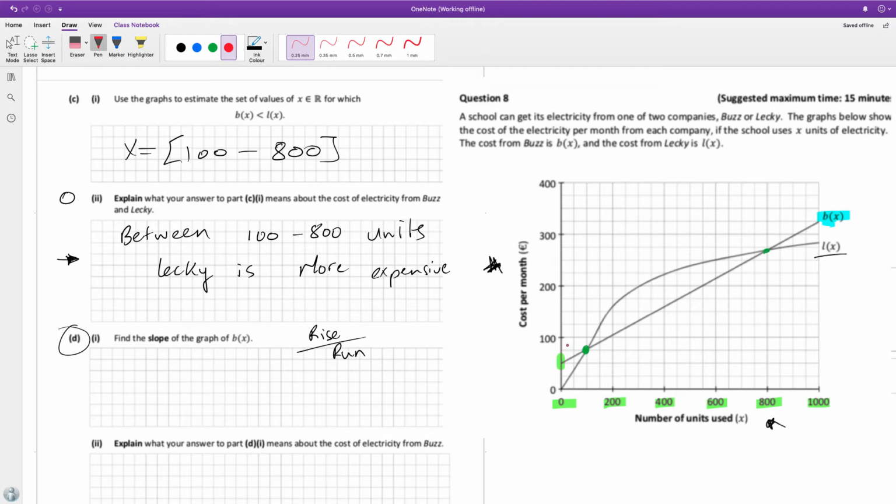You actually have to speak up a small bit. Anyone know the first thing you have to do with a line when you're trying to get the slope? Pick 2 definite points, exactly. Now, with these graphs, the easiest one to do is you pick the very first point and the very last point. So I'm going to pick this point here, and I'm going to pick this point up, and I'm going to make my little triangle.